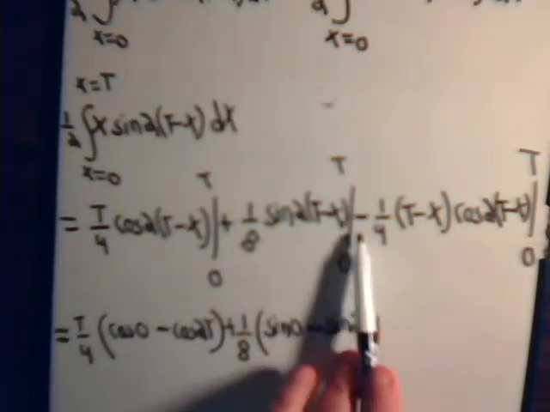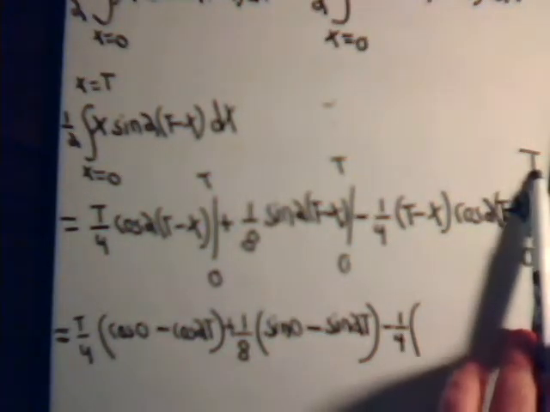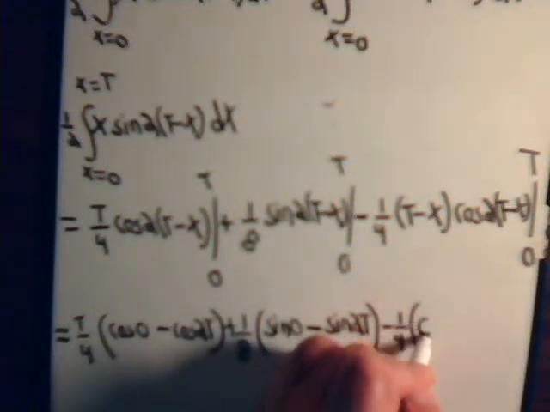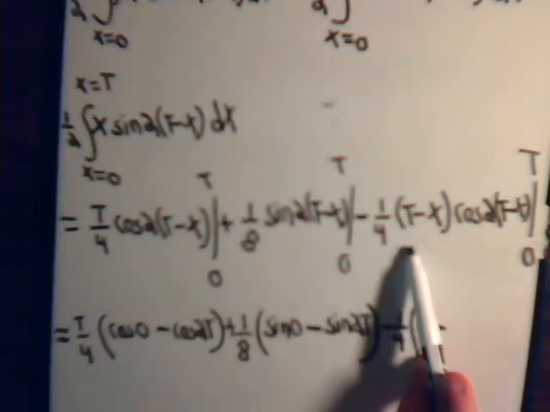Then we have minus 1/4 times x equals t. When x equals t, that's going to be 0. Minus x is 0. Here we'll have t times the cosine of x is 0, 2t.